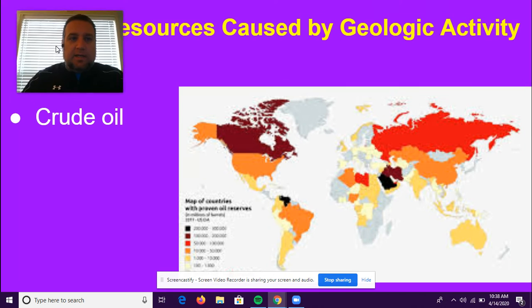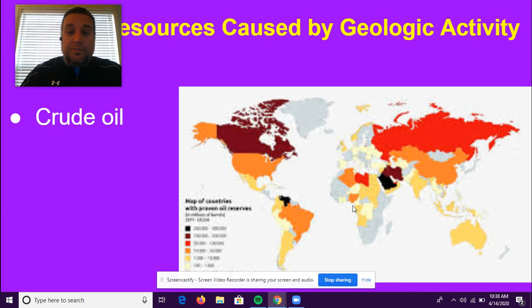What is the geologic activity? Remember, oil and fossil fuels are created when organic things, mostly plants, are buried quickly and then go under lots of heat and pressure, similar to metamorphic rock, over millions or hundreds of thousands of years.